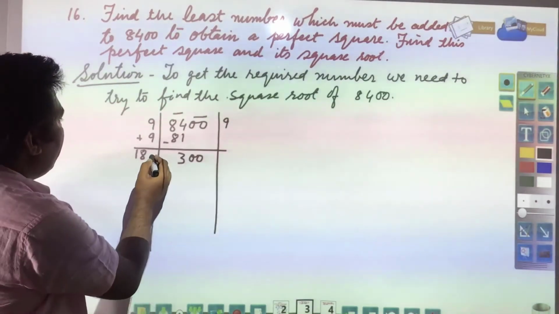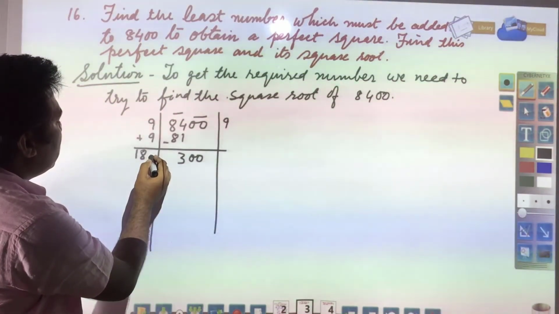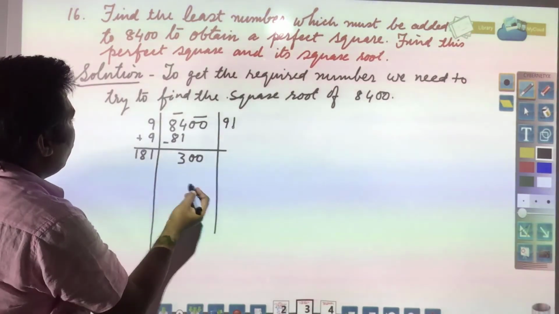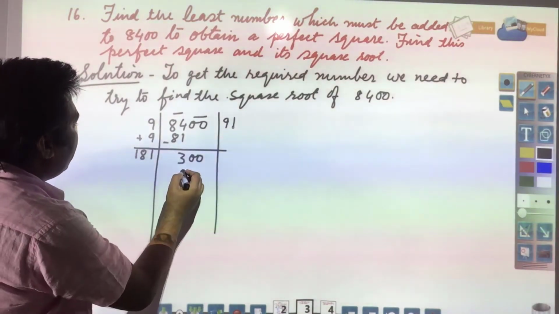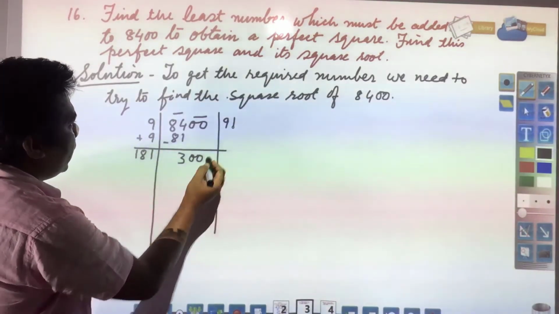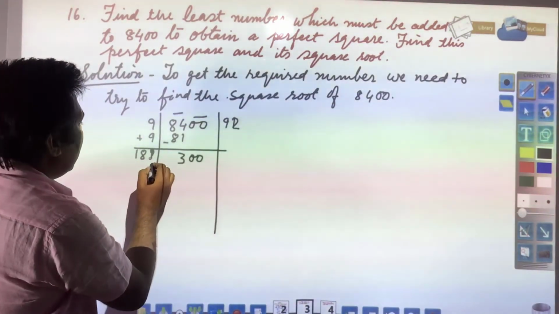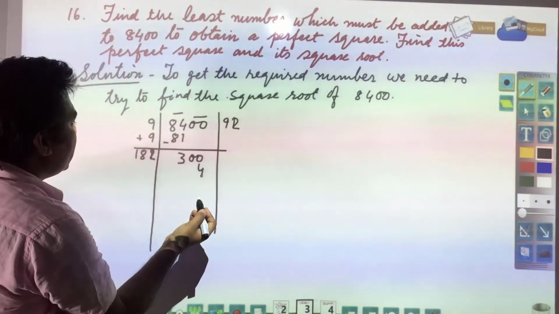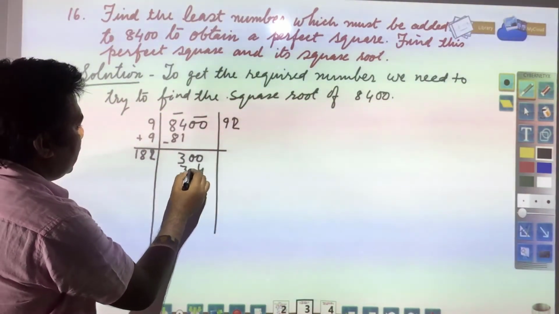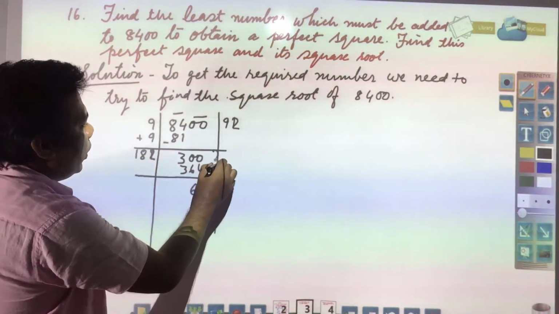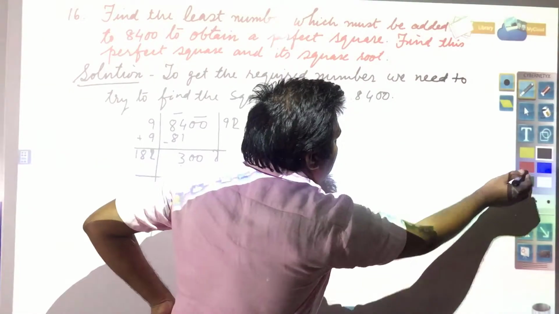One time, if one time we take, it will become 181. If two times we try, 2 2s are 4 and 2 8s are 16, so the difference will be 64. You need to find out the difference.